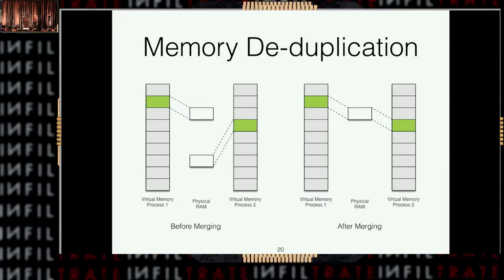On the left of the screen you have the state before the merge: there are 2 green pages that share the same content. They are backed by 2 different pages in physical memory, and after memory deduplication they share the same memory.